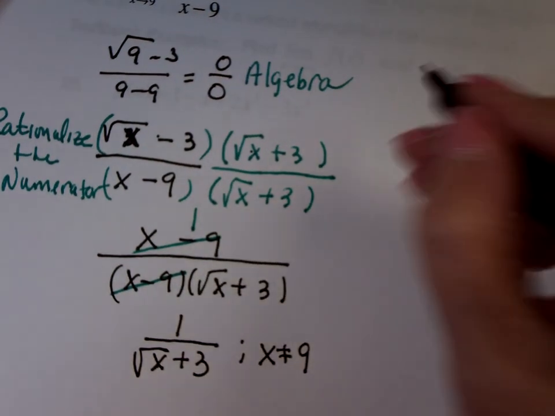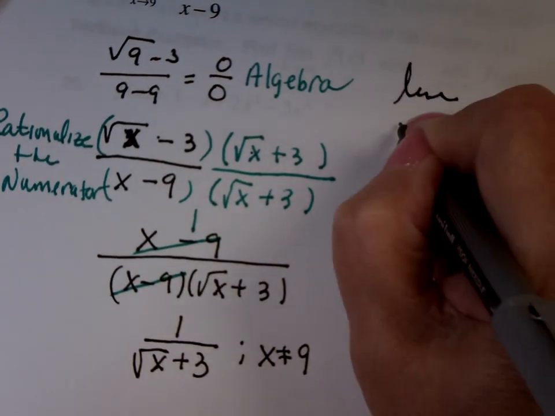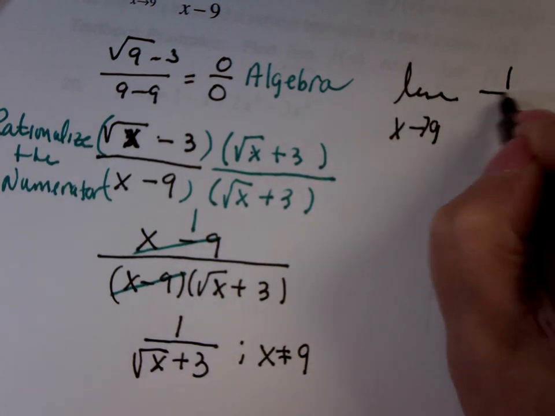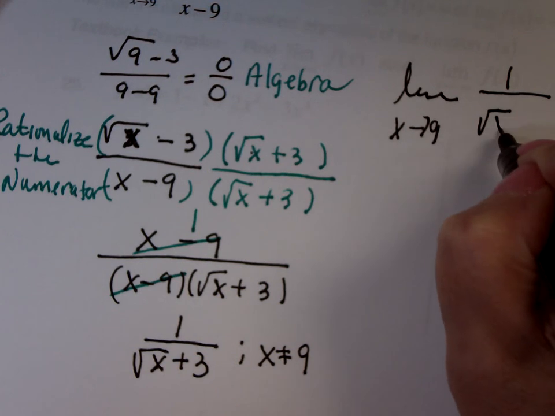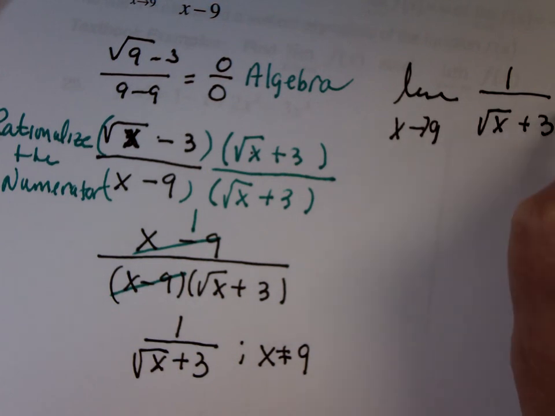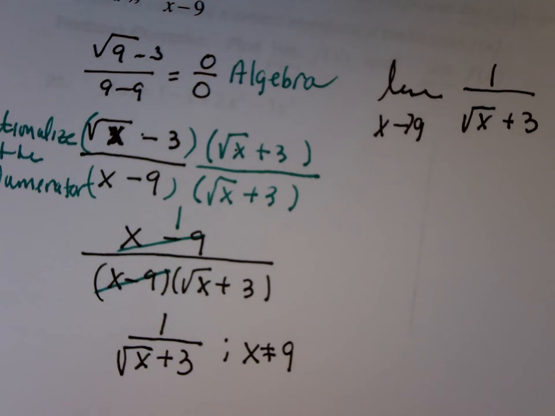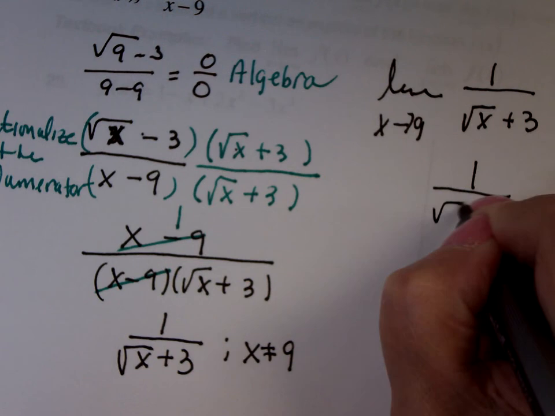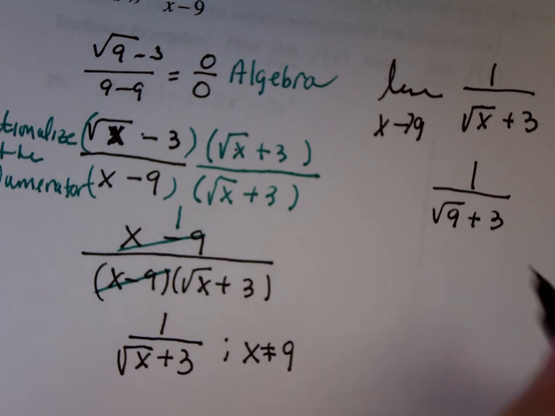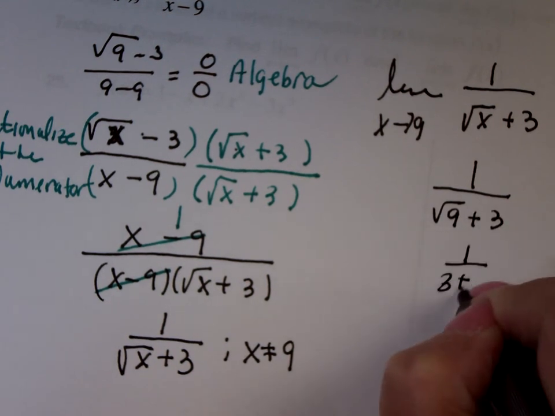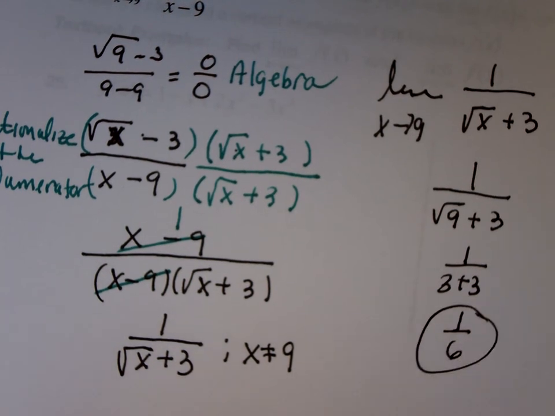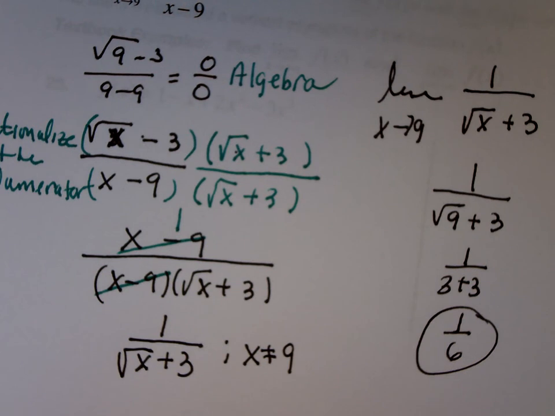So I'm going to take the limit as x goes to 9 of 1 over (the square root of x plus 3). Plug it in, 1 over the square root of 9 plus 3, which is 1 over 3 plus 3, or 1 over 6. Again, I've created a hole in the graph, and that's the y value at that hole.